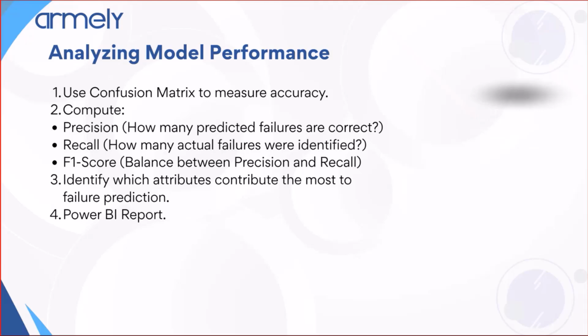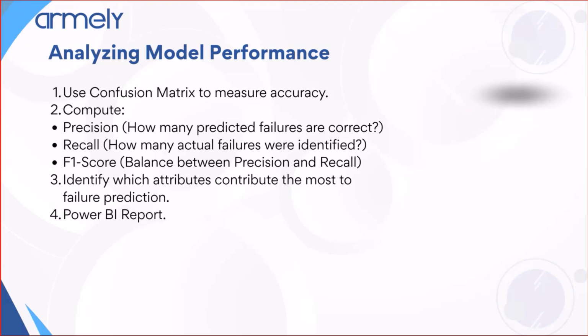So we want to see how many of the predicted failures were actually failures. And then the recall, we compute that from the true positives divided by the true positives plus false negatives. So again, it's to know the actual failures that were identified.